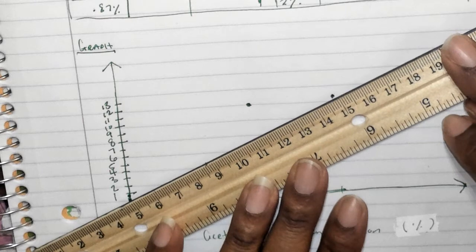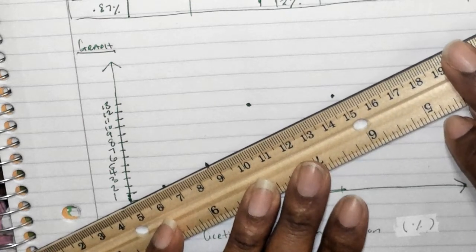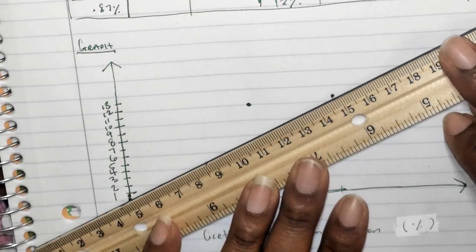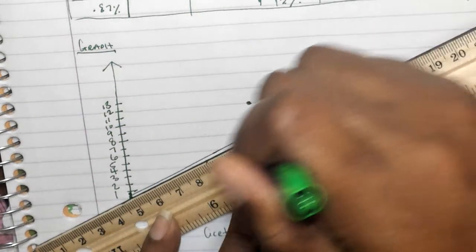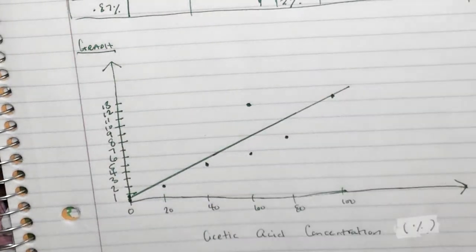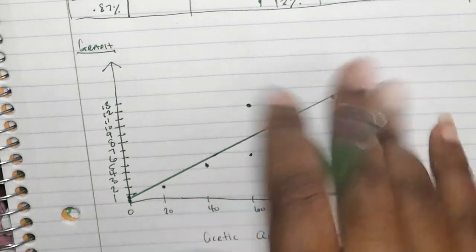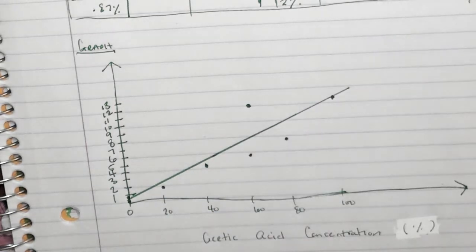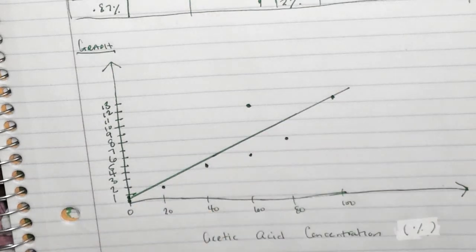It may not necessarily connect the dots, but that's okay. It's called a trend line. What do you think a trend line shows us? It shows us a trend, right? So we know most of the dots are along this line, near this line. This is a weird dot. I'm not sure what that dot's about.